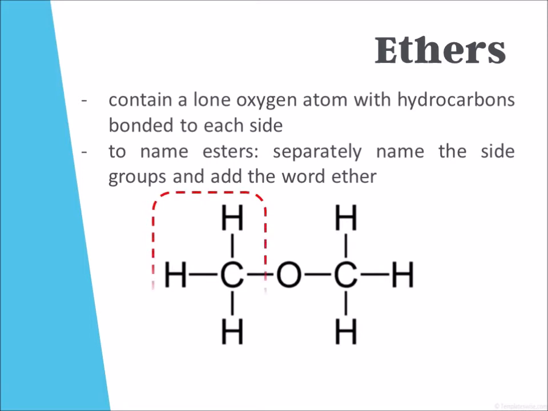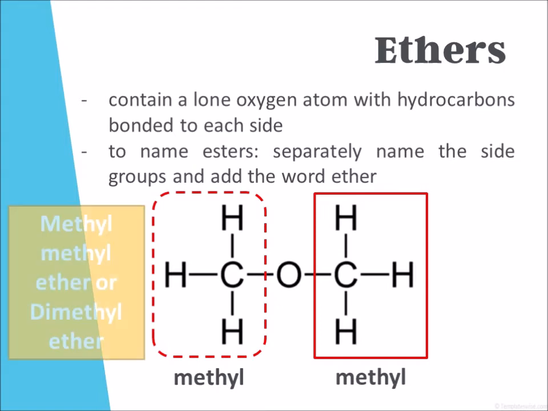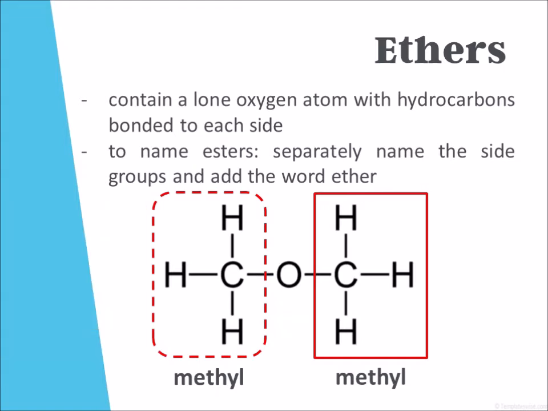This side group has only one carbon atom, so it's going to be methyl. On the other side, we also have a methyl, since we also have one carbon atom. This one is going to be methyl-methyl ether, or simply dimethyl ether.